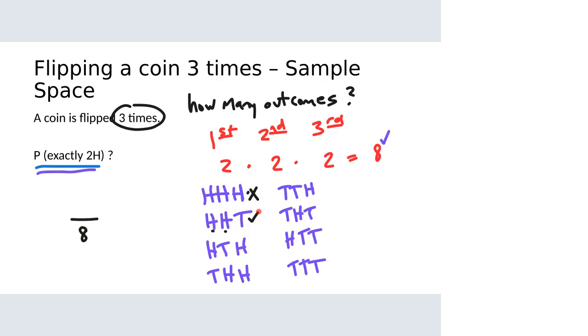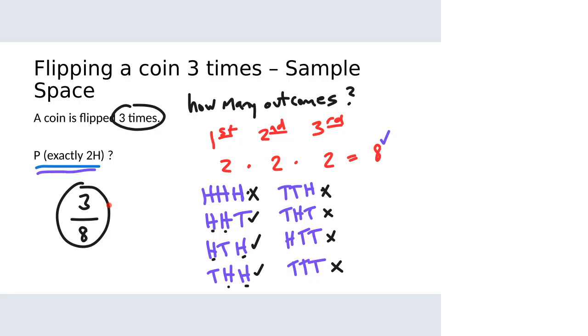There's 2 heads there, that's good. 2 heads, 2 heads. Only 1 head, no good. Only one, and none. So it looks like I have 1, 2, 3 successes out of 8 outcomes. So the probability of getting exactly 2 heads would be 3 out of 8, or 3/8.